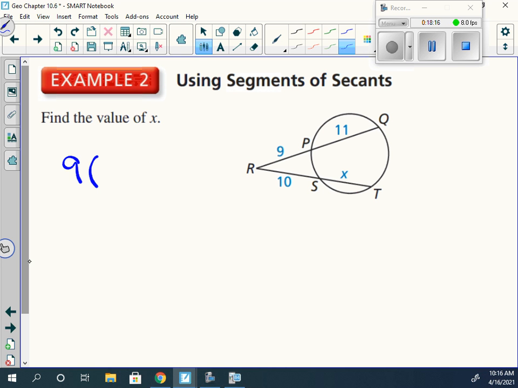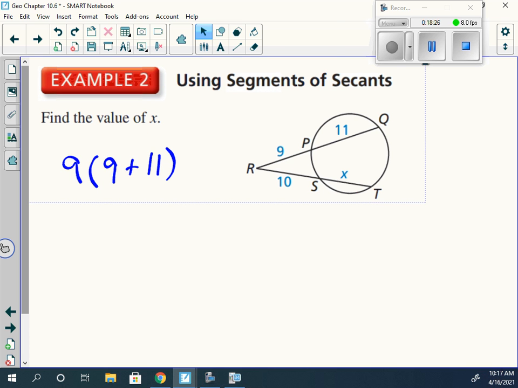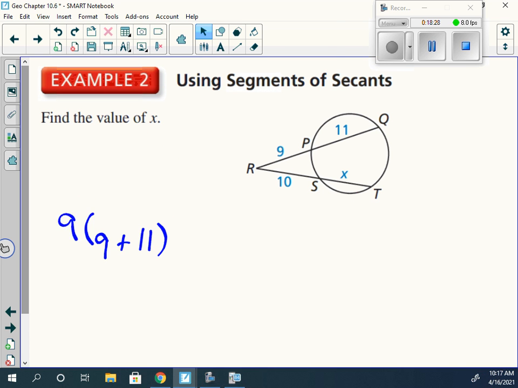So the entire line would be the exterior plus the interior. I need to move this down. Because the theorem stated that we had the exterior part of the secant line times the secant line itself. So the secant line itself for RQ is going to be 9 plus 11.